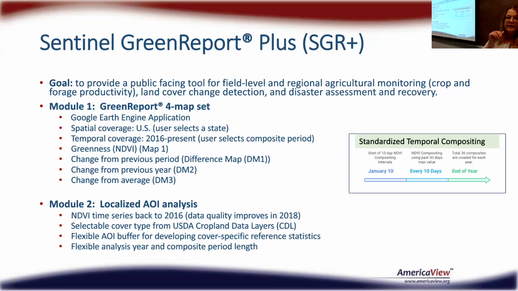This covers the whole U.S. The data source is Sentinel-2 data, which dates back to 2016. The key drivers are four maps that I'll talk a little more about that show you vegetation change at different temporal scales. It also does some localized AOI analysis, and I'll show you exactly what that means.